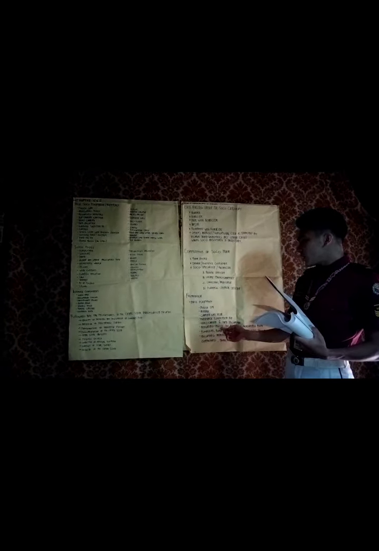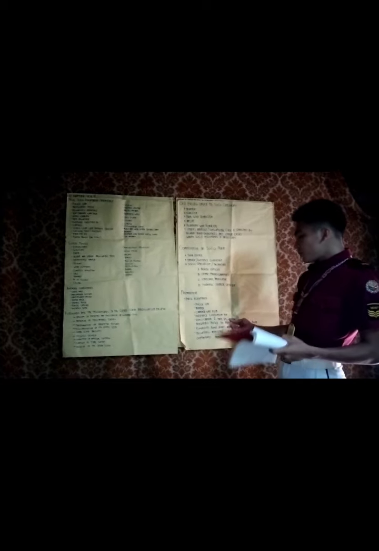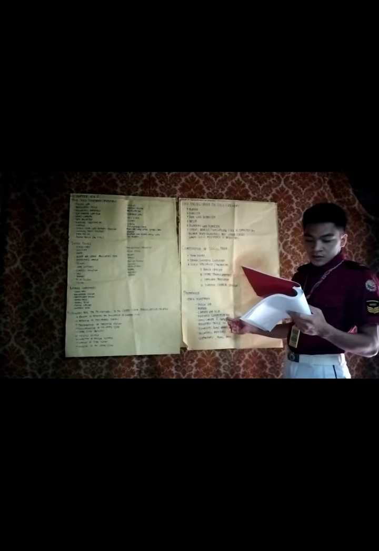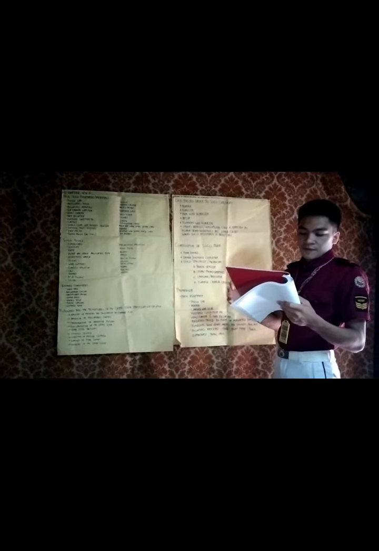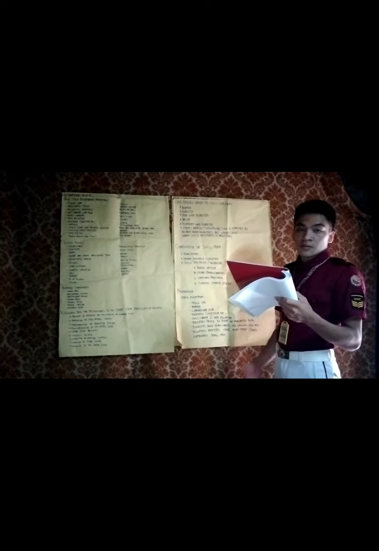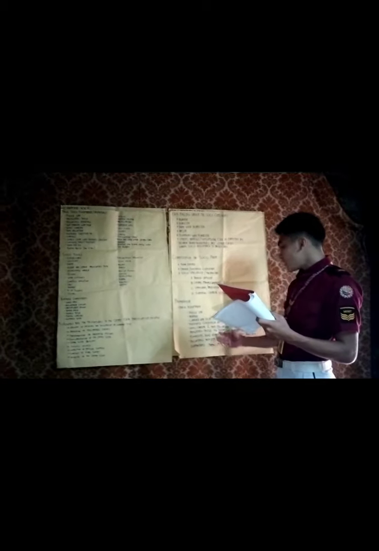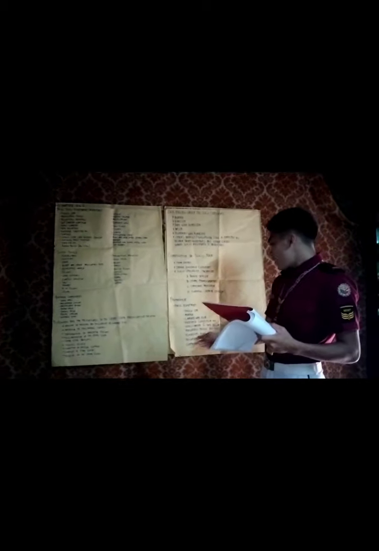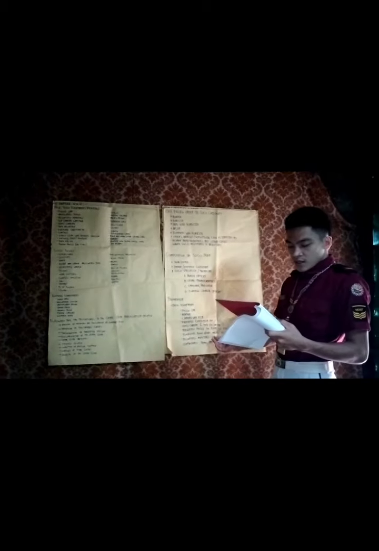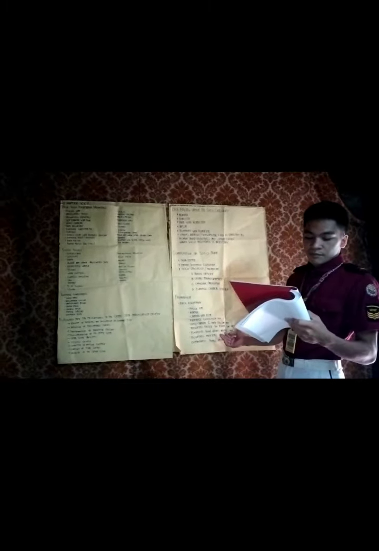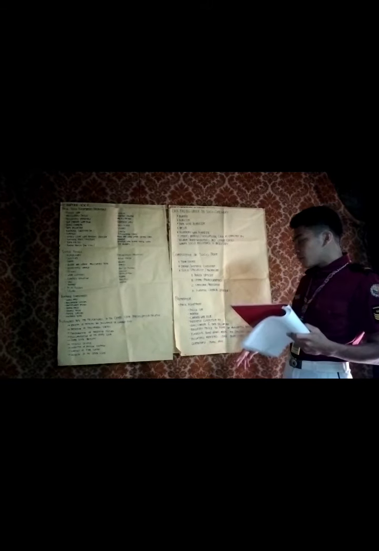Next is the measuring device, for example ruler and measuring tape, and flashlight, hand gloves, mask, eye goggles, and hairnet. Next are the recording materials like chalk, bond paper, pencils, clipboard, and pentel pens.